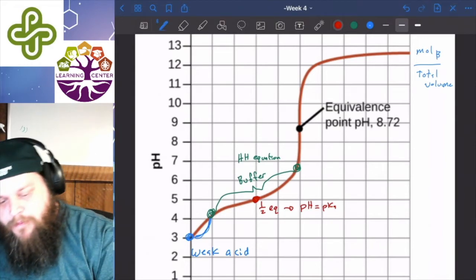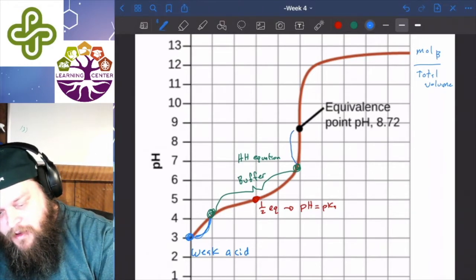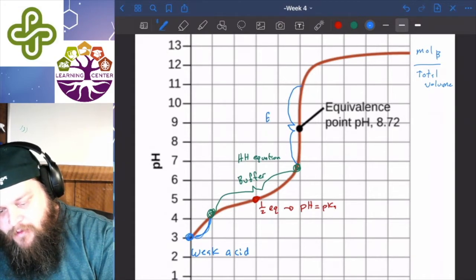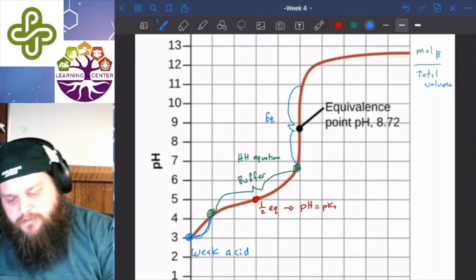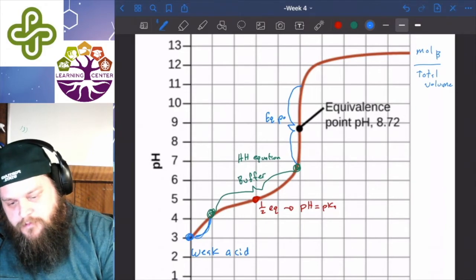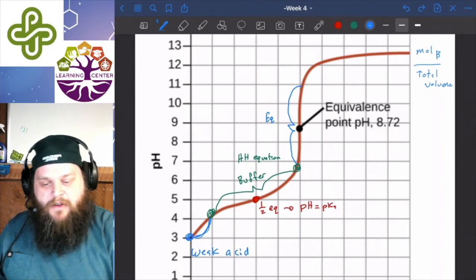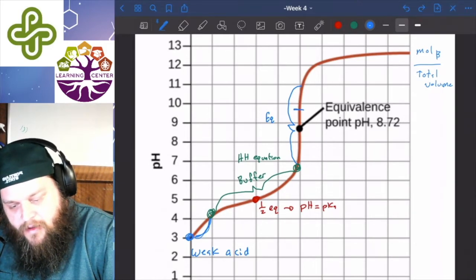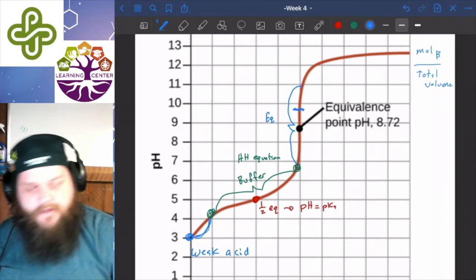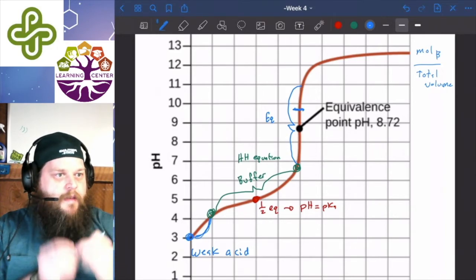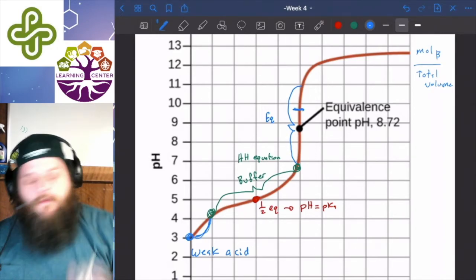And then we go up and we get to this point. Here we can say anywhere in this region, basically, we are at the equivalence point. Notice in this dimension, it's a very, very small region. It basically shoots up really high in that region.